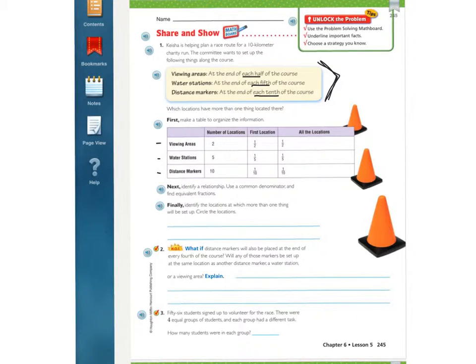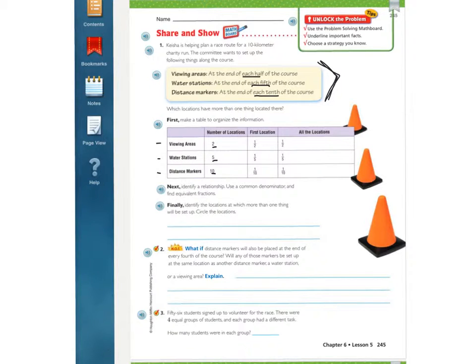A half means there's two parts to a whole, so there are two locations of viewing areas. For water stations, each fifth of the course, how many locations do you think there will be? 5. And distance markers are at the end of each tenth of a course. So there are 10 locations.